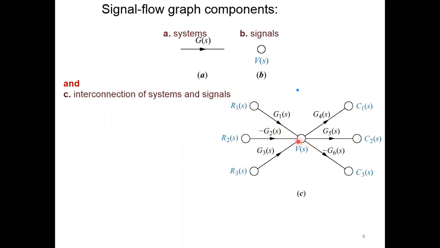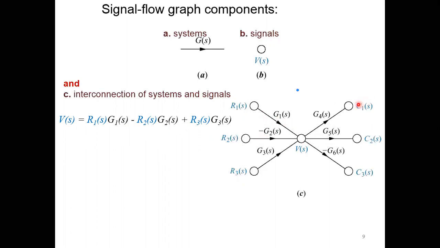So V of S will be equal to the sum of products. Products of what? Product of node and the branch. The sign is represented on the branch because now we don't have summing junctions and pickoff points.